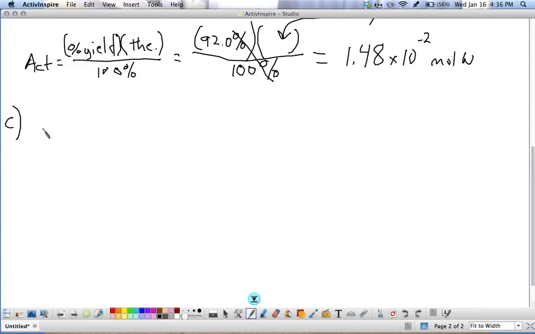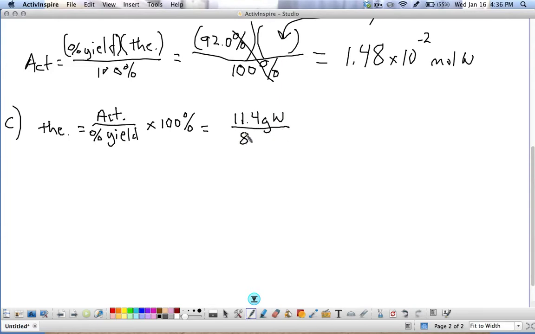So the first step is we need to solve the percent yield for the theoretical value, which is actual over percent yield times 100%. That's 11.4 grams tungsten over 89.4% yield times 100%.